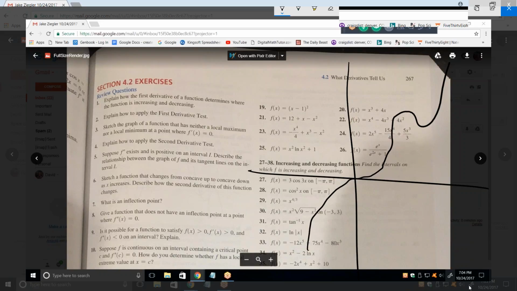Now, if you took the derivative of that function, you would find 3 zeros. One would be right there. There's a 0 tangent line, 0 slope. Another one would be right there. Another one would be right there.